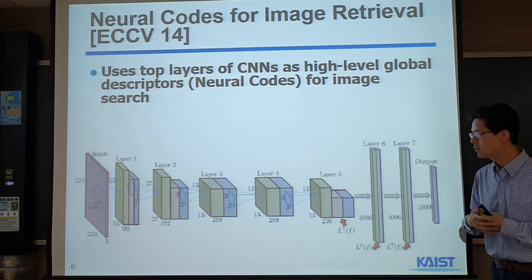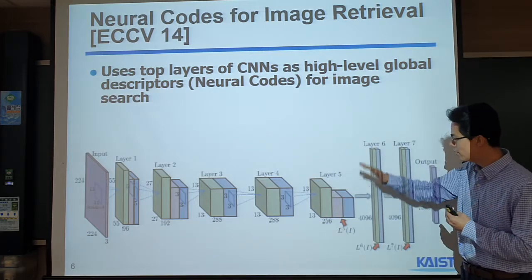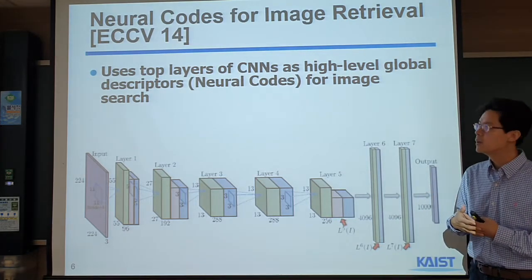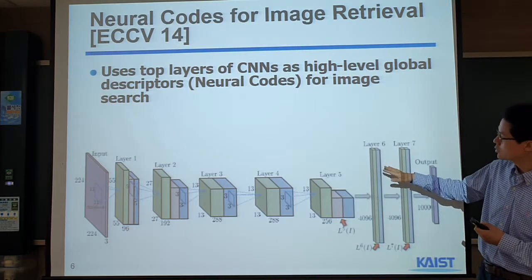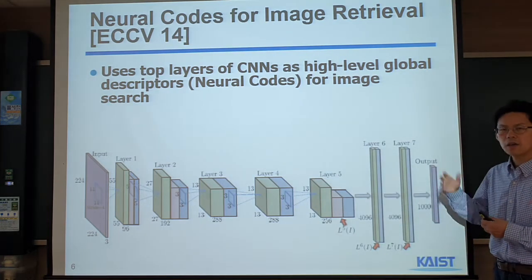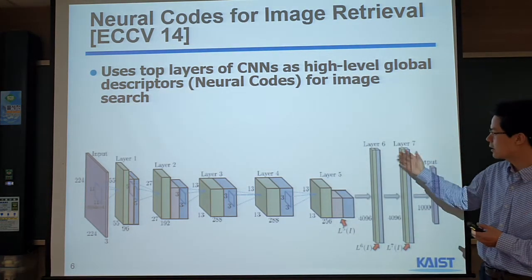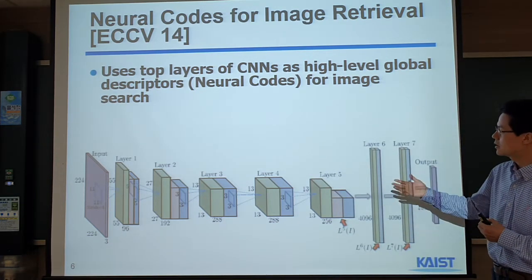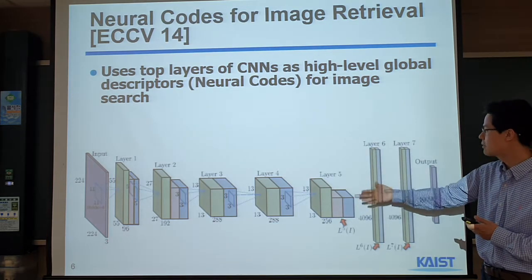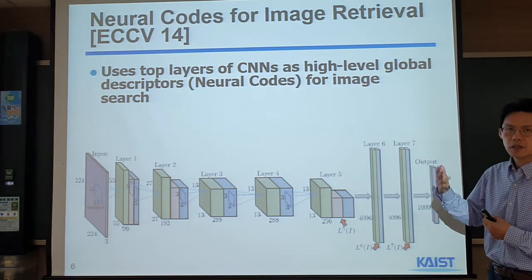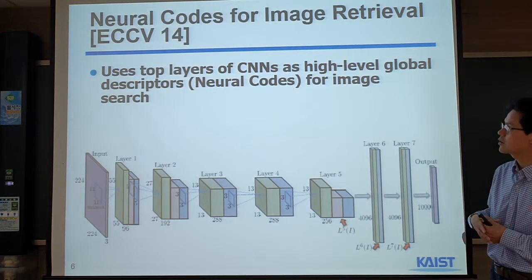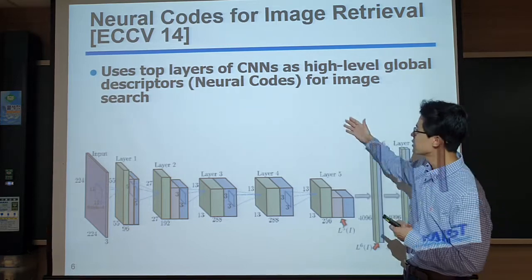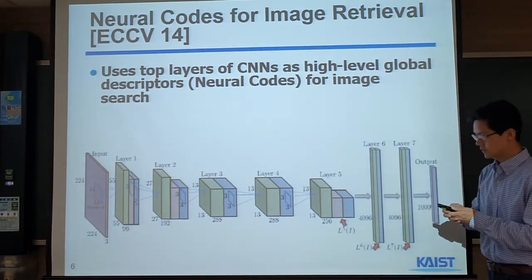They also identified that some of the upper layers are more related to semantic features. They tried out different layers, and for image search they say that some of the upper layers, like layer 5 and layer 6 in this architecture, gave reasonably good image search accuracy. They used those features as a neural code for their image search.